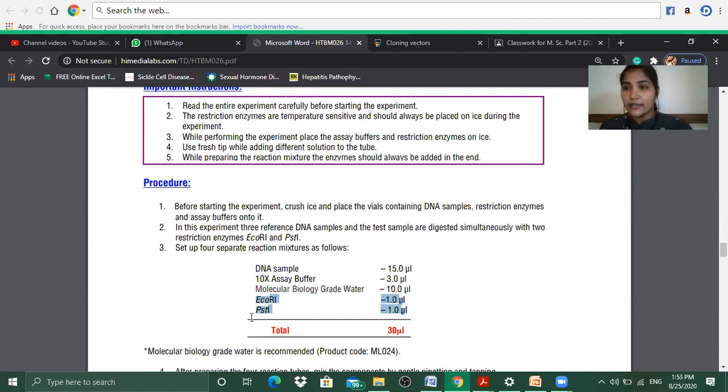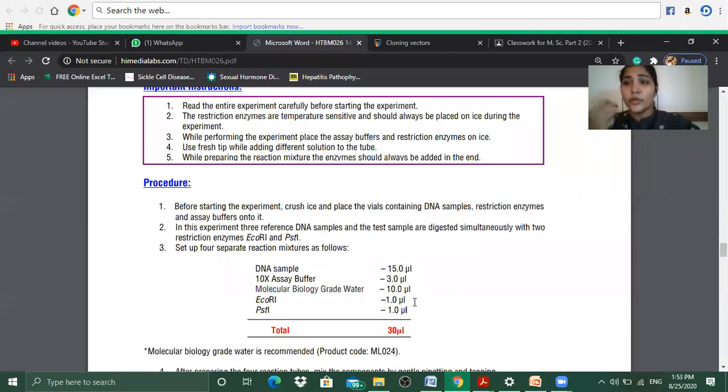See, this is a very critical experiment, and it needs matured technical skills for you to perform it, because most of the time, in our lab this has happened many times that we have to take 1 microliter of restriction enzyme, and what happens is people are in the queue waiting for their turn to make this reaction mixture, and because of the bad skills of one person, instead of taking 1 microliter of restriction enzyme, they end up taking 4 microliter.